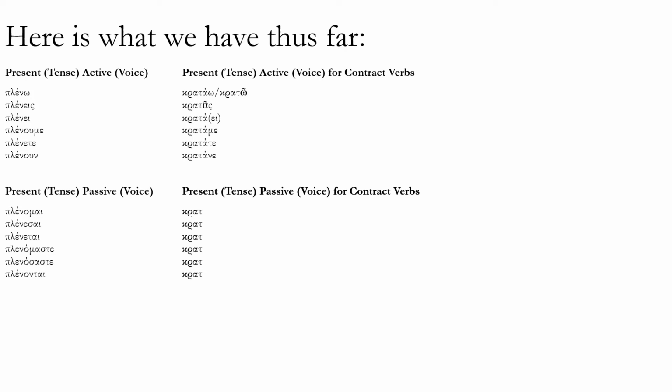Now, what are we going to do to express kratao, I hold, in the passive voice to say I am held? Or kratai in the passive voice, it is held. Well, to do that, we're going to need a new set of endings that are really not all that difficult.